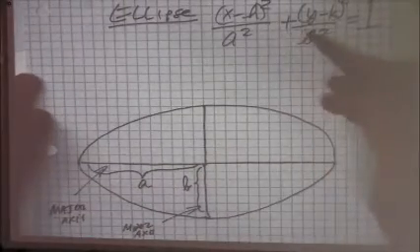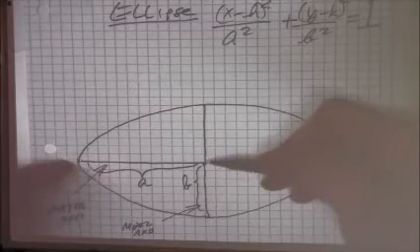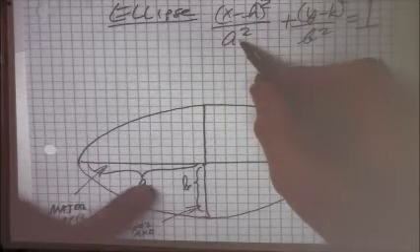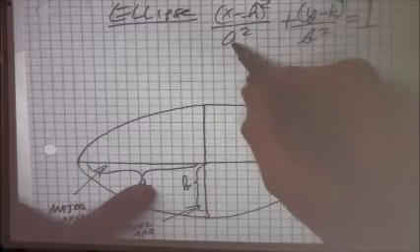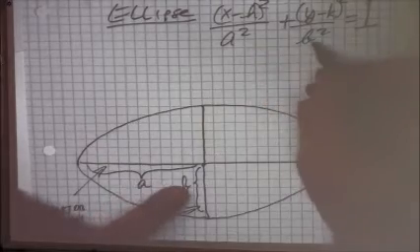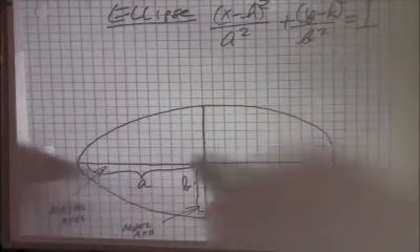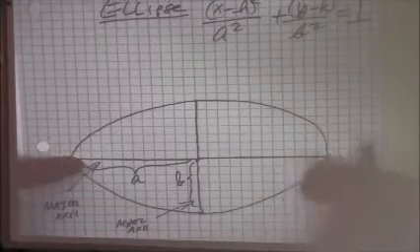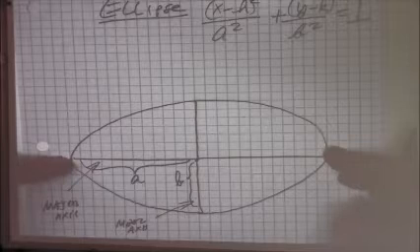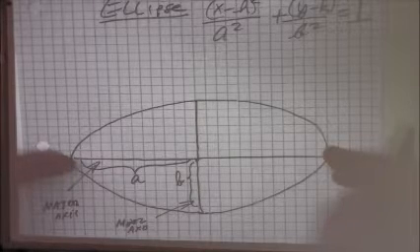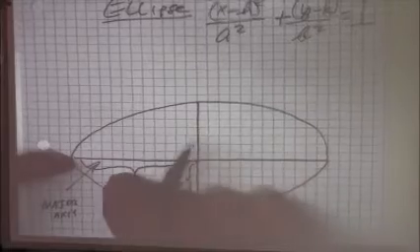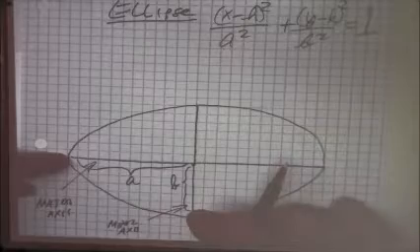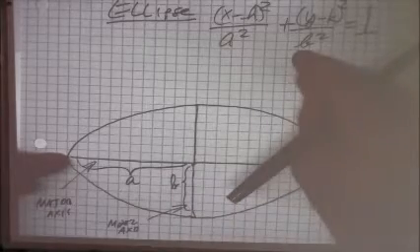Back to the equation. That's a from the center out to the end point, and that's a squared here. If you know this amount, you know what to put in the equation. If you know this, you know what to put in the equation. So if I told you that the length of the whole major axis was 24, half of that is 12, so this would be 144. I went down 7 here, so that's 49.